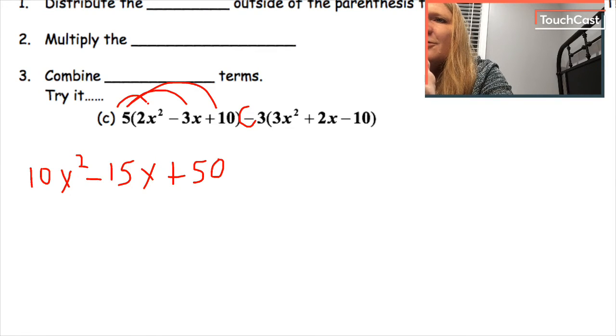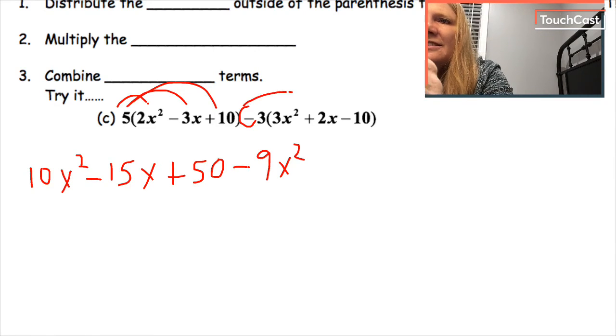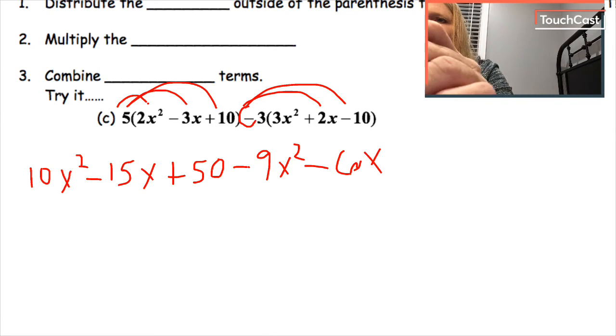So negative 3 times a positive 3 is going to be a negative 9x squared. And then a negative 3 times a positive 2x is going to be a negative 6x. And then a negative 3 times a negative 10 is going to be a positive 30. So it was almost the same problem.